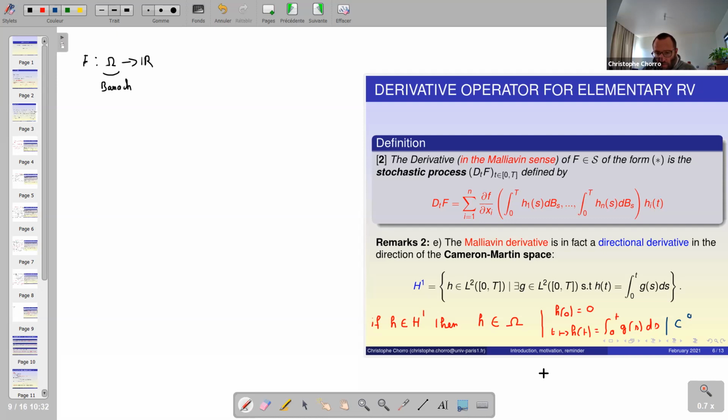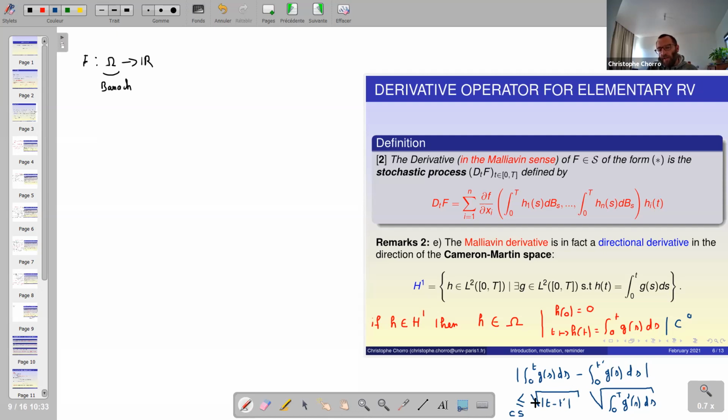If I consider the integral between 0 and t of g(s) ds minus the integral between 0 and t prime of g(s) ds, by the Cauchy-Schwarz inequality, I can write it as something that is less than the square root of the absolute value of t minus t prime, multiplied by the square root of the integral between 0 and capital T of g(s) squared ds.